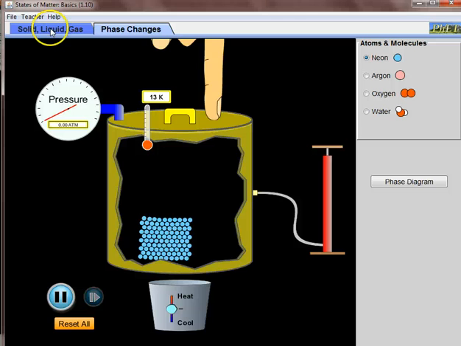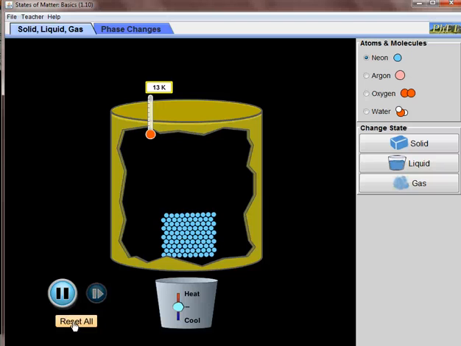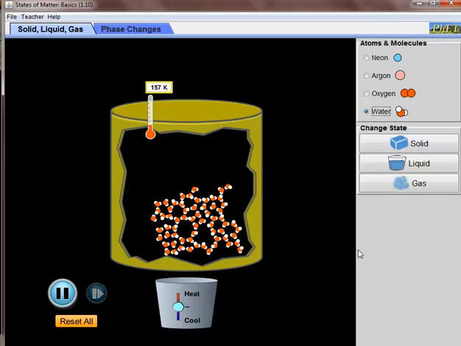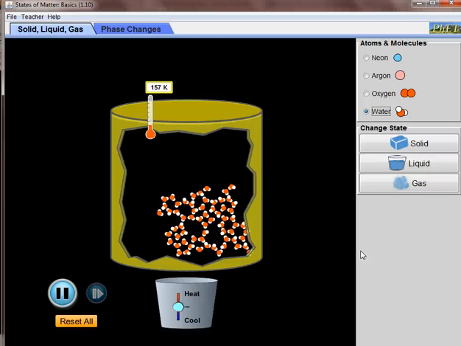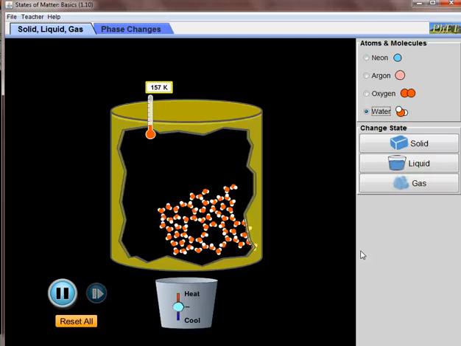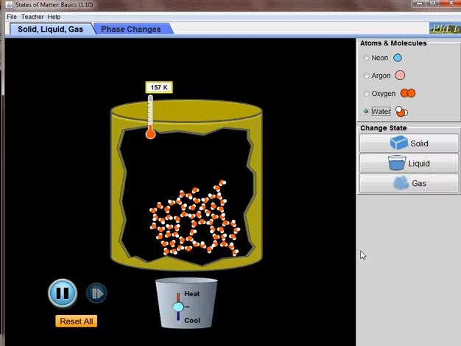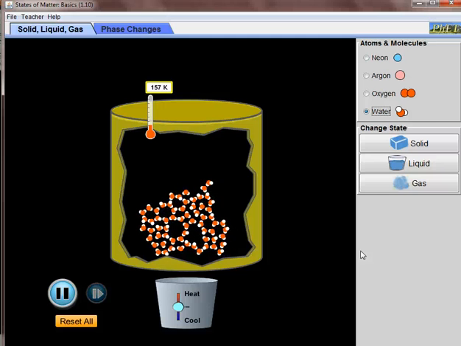Okay, so let's go back to our solid, liquid and gas tab. Reset all. Use water as the molecule. Give me 1 second. Okay, here is what I did actually.